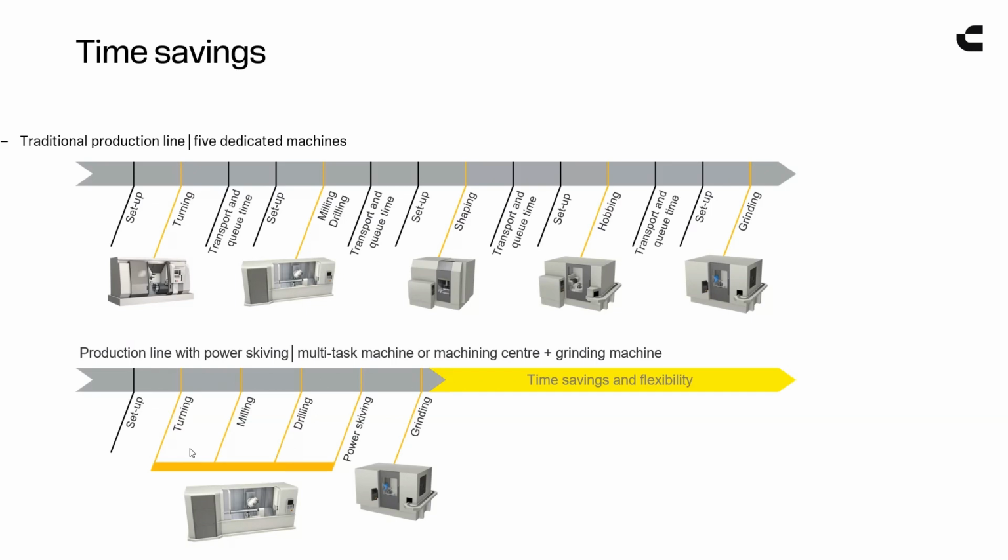You can turn mill, you can skive. So really, run the whole gamut of any kind of operation that you need to do on a multitask machine, whereas in the past, you needed many different machines to do that.